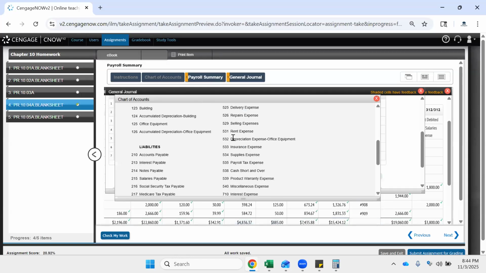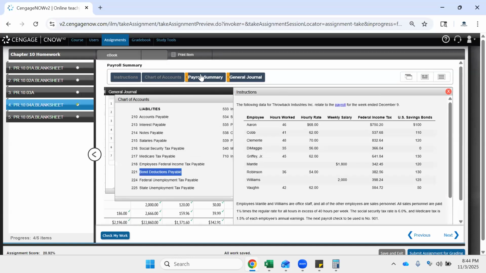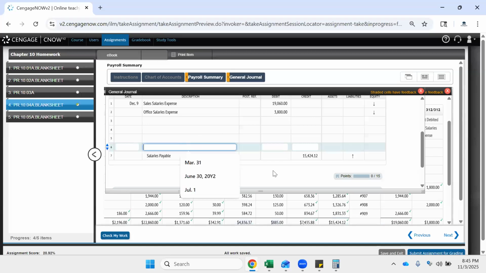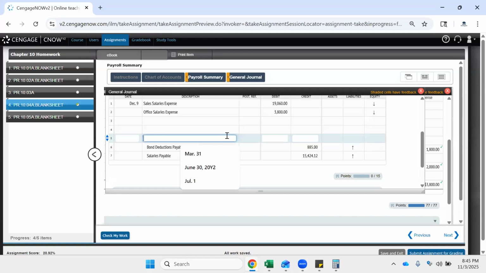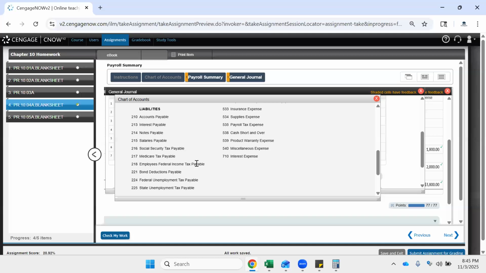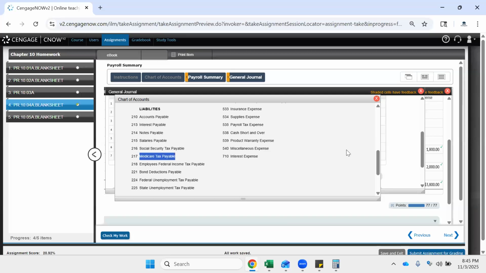Let's take a look at our chart of accounts, the other liabilities that we have. We also have bond deductions payable, so we know we're going to need that. And federal employees, federal income tax payable. We also know that we're going to need Medicare and Social Security tax payable.